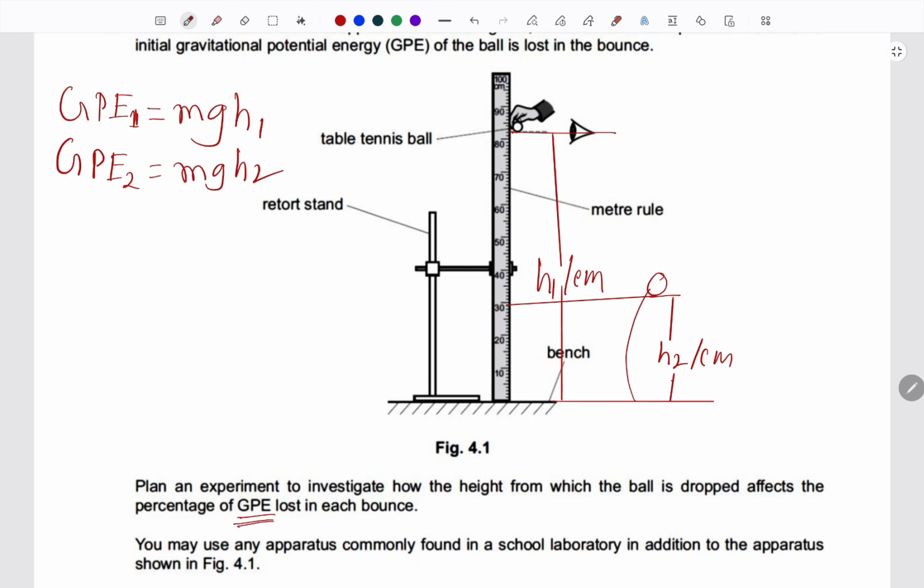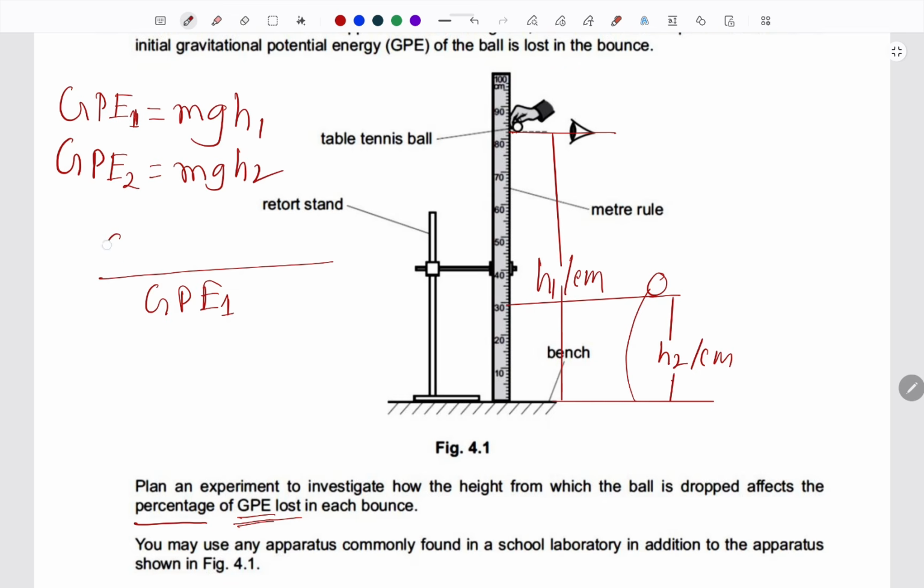Okay, then we will calculate the percentage lost. The equation is GPE1, because this is the initial gravitational potential energy, and then I need to calculate the loss.